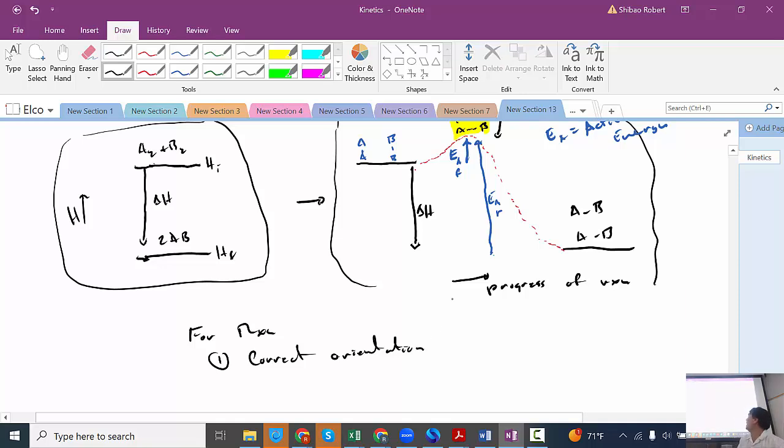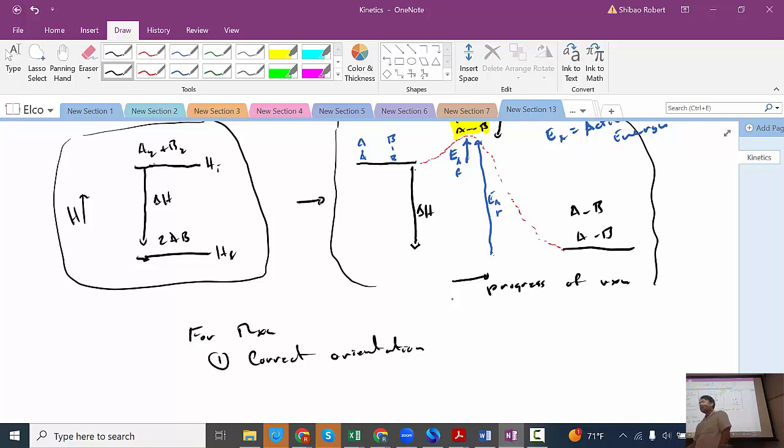That is, the A's and the B's have to be lined up. If they're misaligned, then we're not going to get a reaction. It's just a random position, and therefore the actual percentage of molecules that have the correct orientation is extremely small.